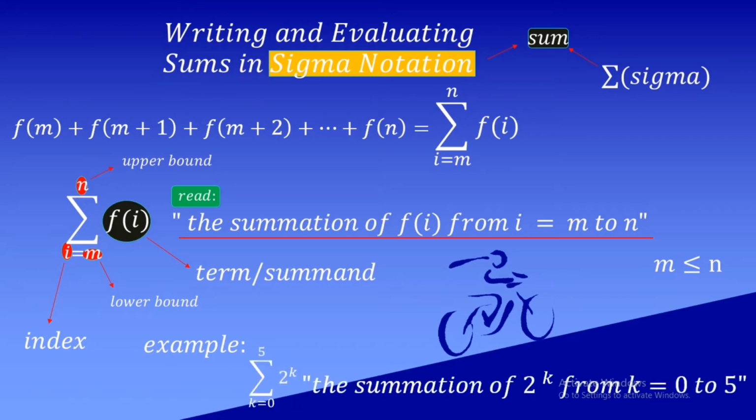This is the summation of 2 raised to k from k is equal to 0 to 5. The 2 to the k is the term or summand, the formula for the terms, and 0 is the first value of k, that is the lower bound, and the upper bound is 5, the last value of k.